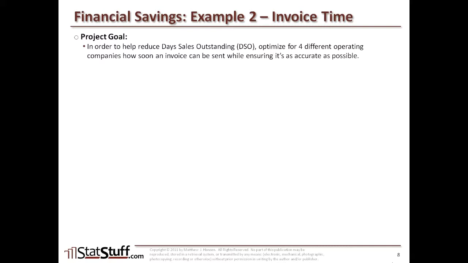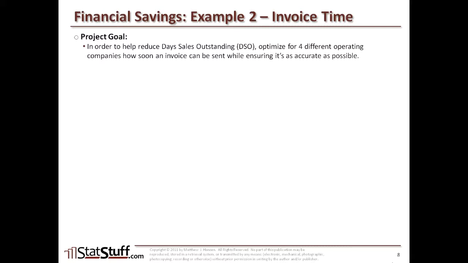We were optimizing across 4 different operating companies, looking at how soon we can send an invoice out and ensure it's as accurate as possible. The sooner we send it, the faster we get payments, so the ultimate goal was to accelerate the cash received from the customer.